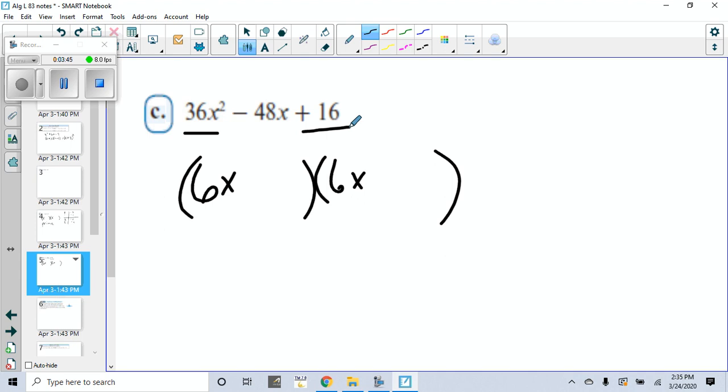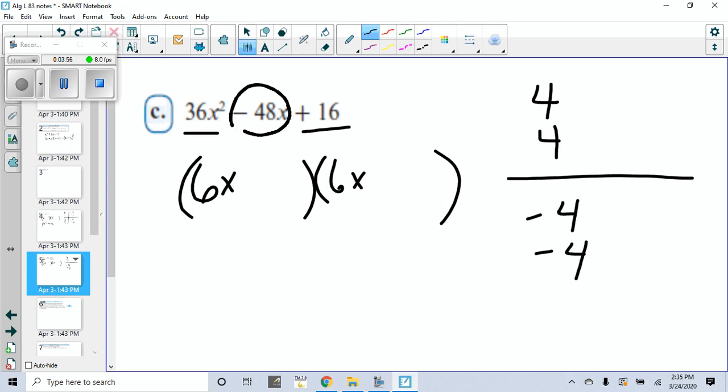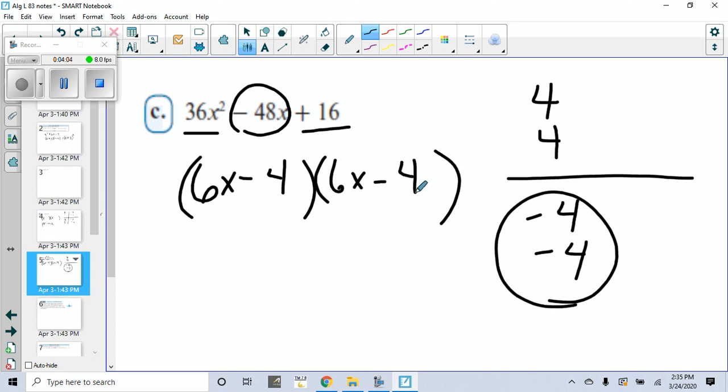And there's two choices, 4 and 4, and -4 times -4. Now, when you have a negative in the middle, you should know that you're going to go with these last two terms being negative, or at least one of them. And now you're going to check to see if this even works.